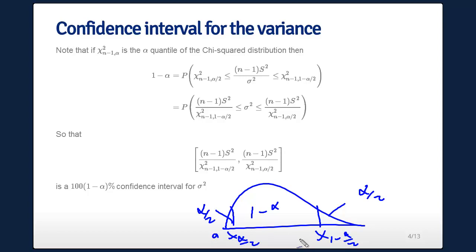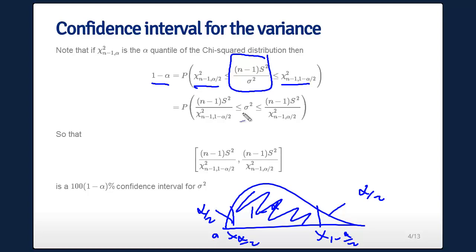They're two different numbers, a number close to 0 and a bigger number. Because this quantity is chi-squared, the probability that it lies between these two numbers is 1 minus alpha. It's this shaded area. We can just work around with that equation and get that sigma squared lies between these two things with probability 1 minus alpha. So that's a 100 times 1 minus alpha percent confidence interval for sigma squared.